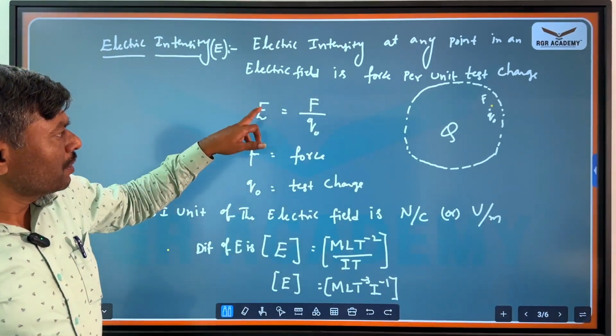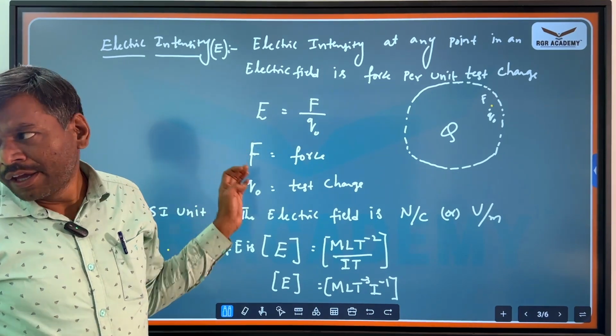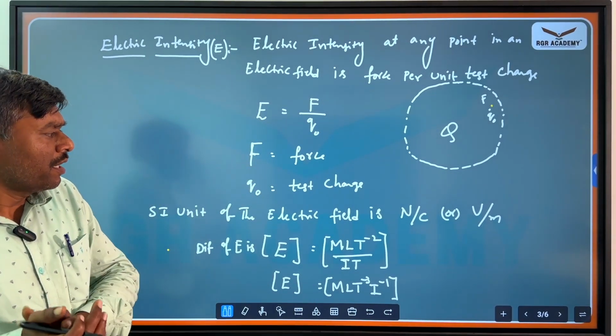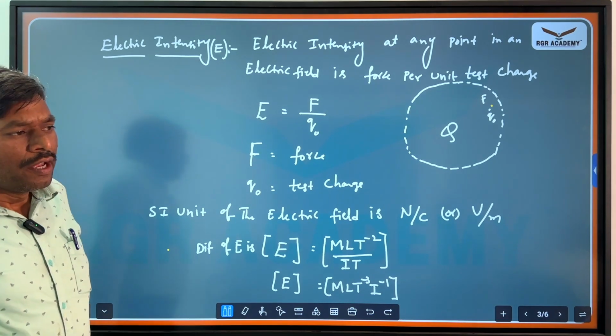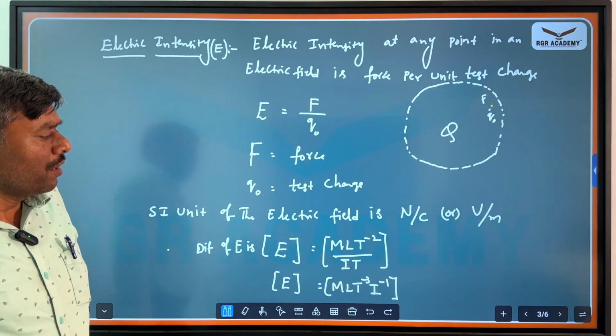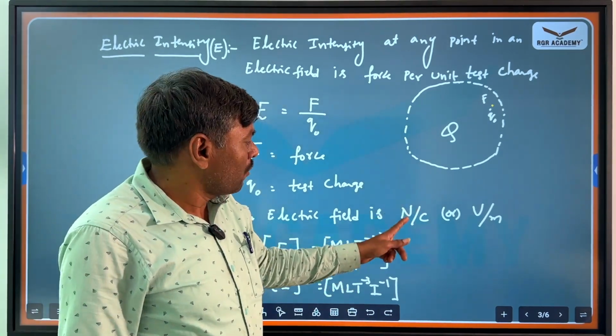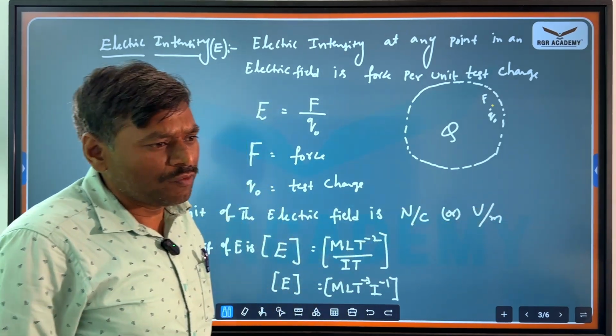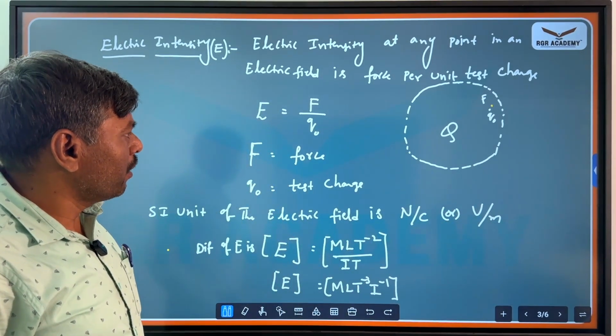So E is equal to F by Q naught, where F is the force and Q naught is the test charge. Its SI unit is Newton per Coulomb or volt per meter.